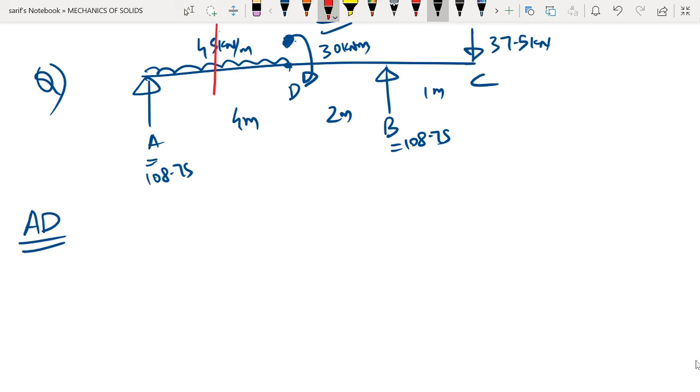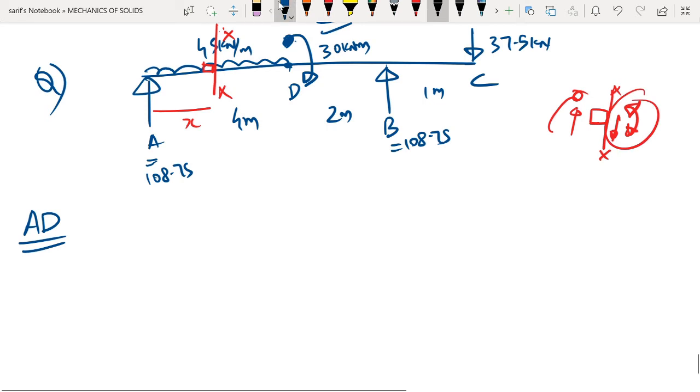To do that, we'll take a section XX at a distance x from A, and we'll consider a small element here. We'll zoom that element out. So this will be the element. This would be the positive directions of shear force and bending moment.